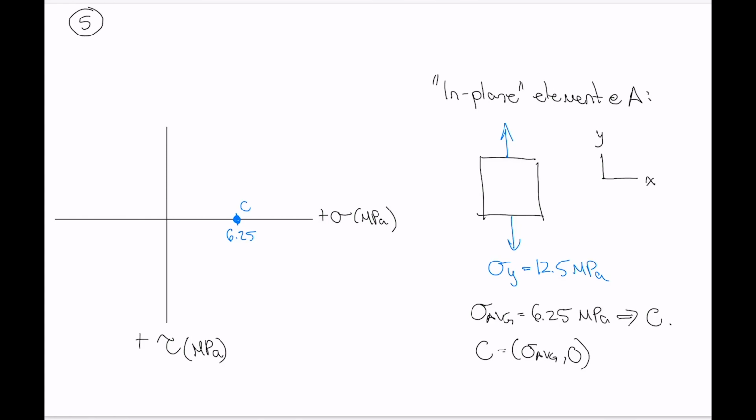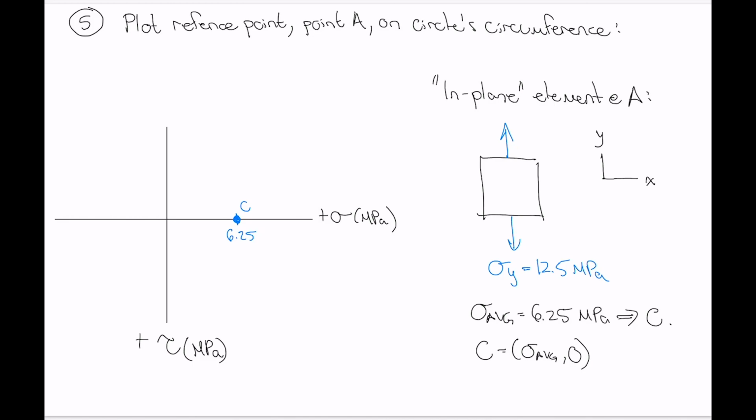Okay, so what we're going to do now is plot what's called our reference point on the circle's circumference, and this is labeled point A. Okay, point A. Let's get rid of a couple of things down here.